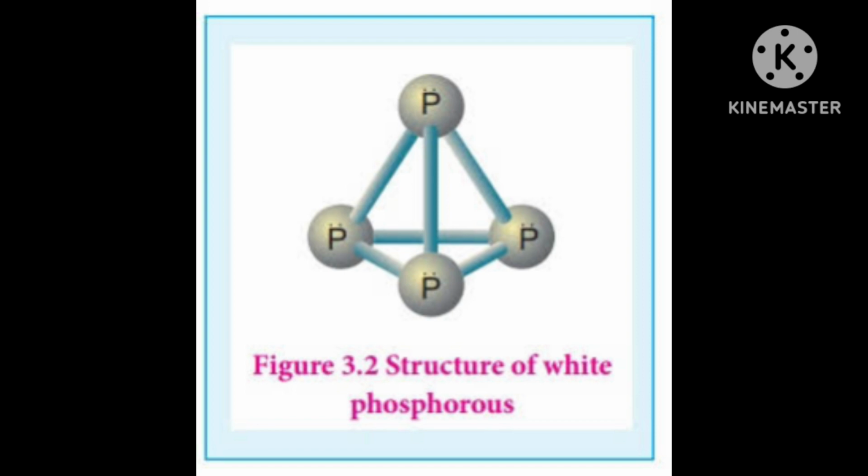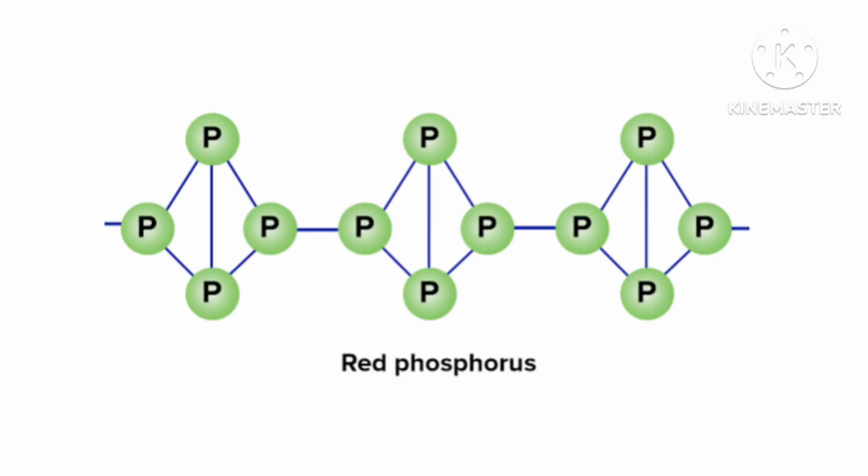When pure, PH3 is non-inflammable, but it becomes inflammable owing to the presence of P2H4 or P4 vapors. It is actually non-inflammable, but as an impurity is present, it becomes inflammable.